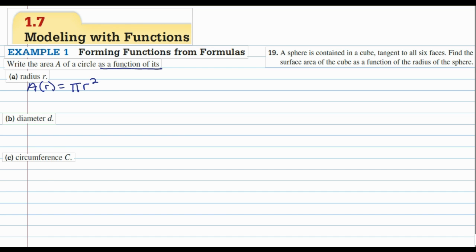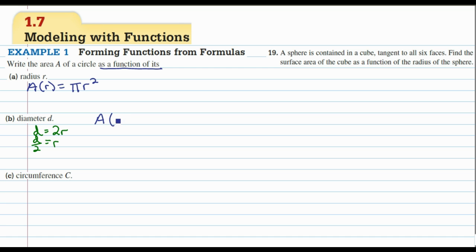Now part B wants area as a function of its diameter. Well, I know that the diameter is twice the radius. So in other words, the radius is the diameter divided by 2. So if I take A of R and instead change it to A of D, that means instead of R, I'm going to put diameter over 2, squared.